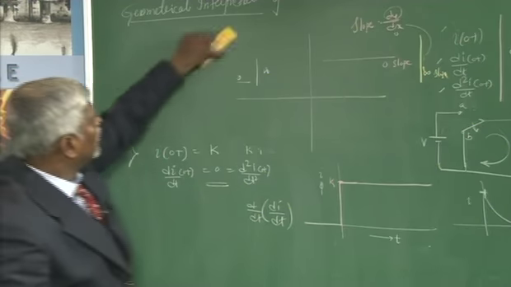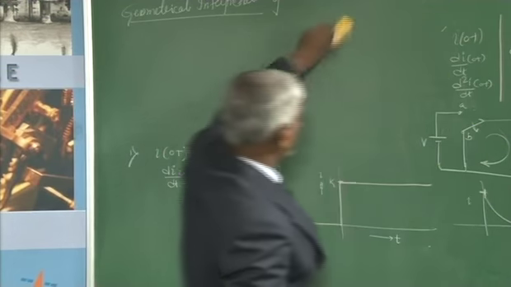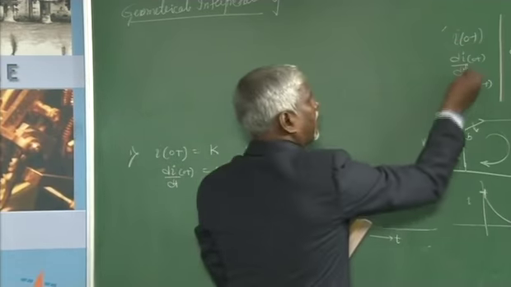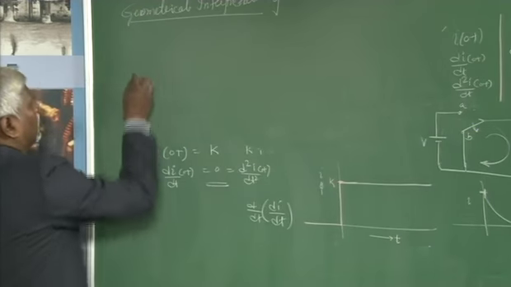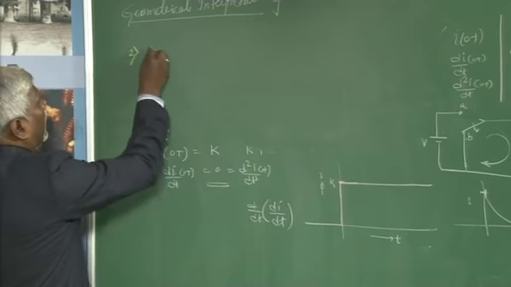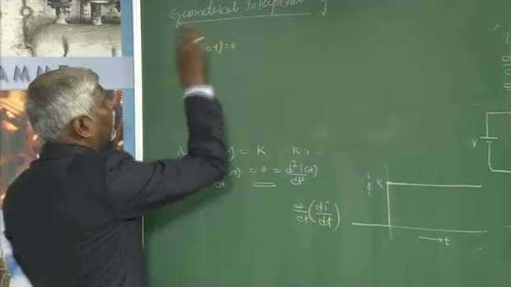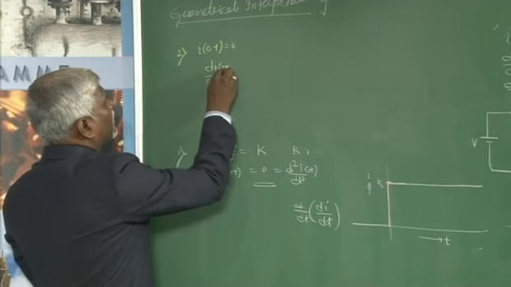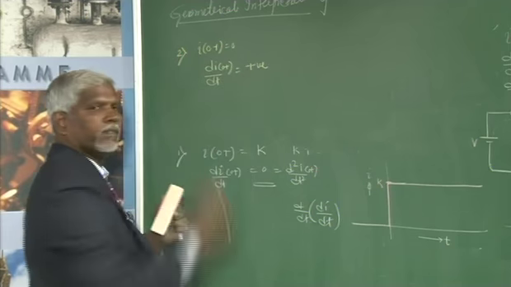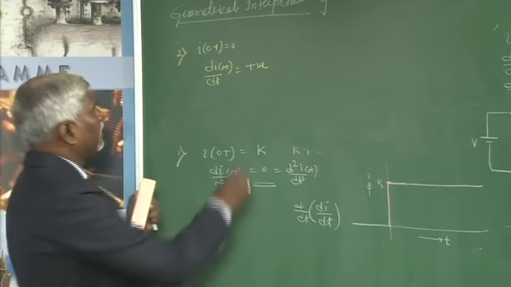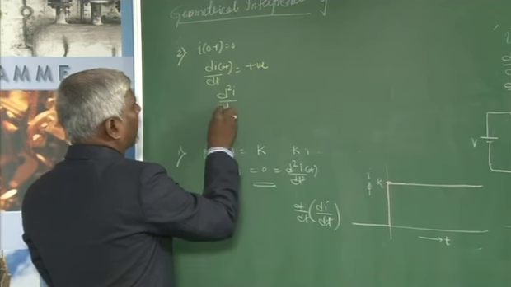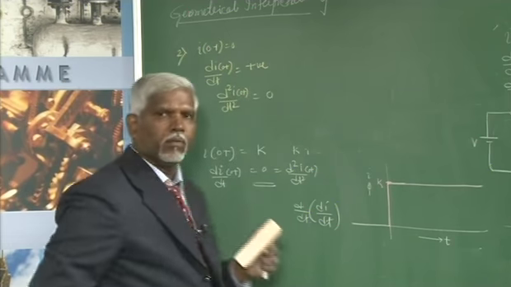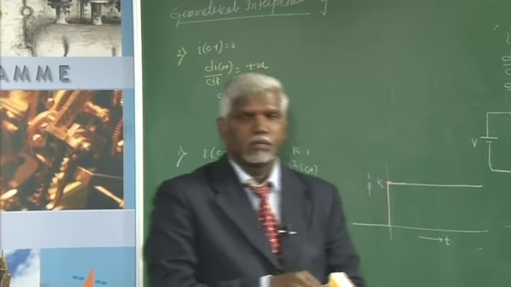With this I will give you one more example to understand the geometrical interpretation of these derivatives. They will ask you to find I, di by dt, d squared I by dt squared. Another example: I at 0 plus is 0, di by dt at 0 plus is positive, and the second derivative d squared I by dt squared at 0 plus is 0.